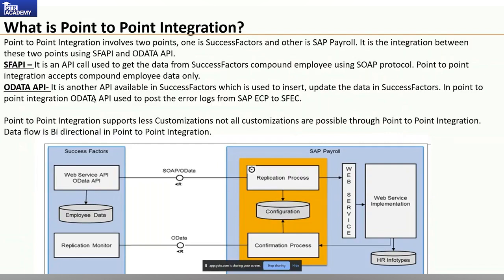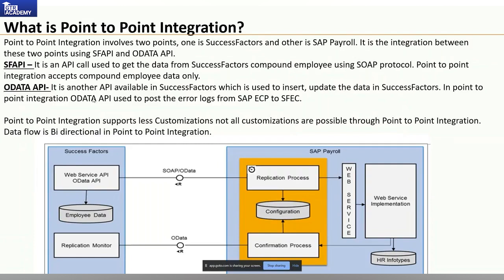So should this wage component go to the HR infotypes as well? Yes, it goes to the HR infotype. So while you're replicating the data, it's not only about which wage code to replicate, you're also going to tell the system which infotype it has to go and hit.